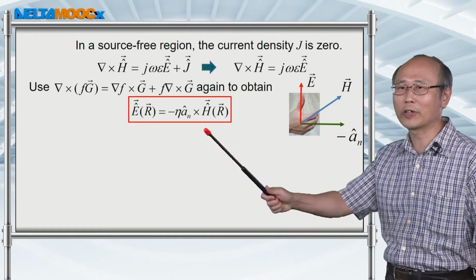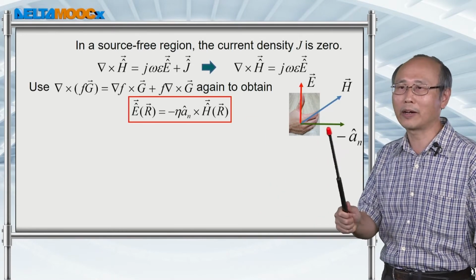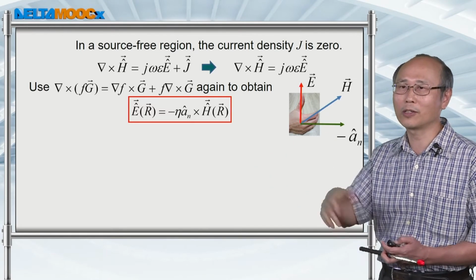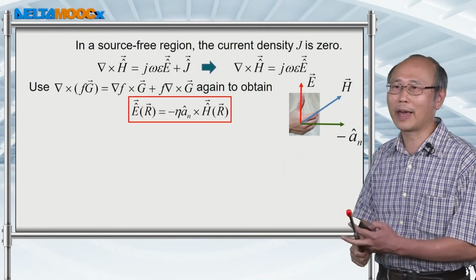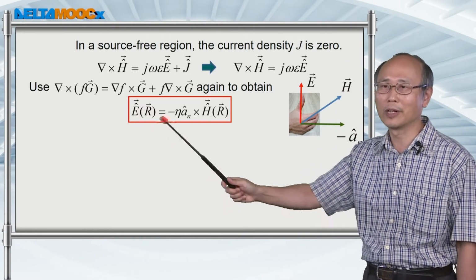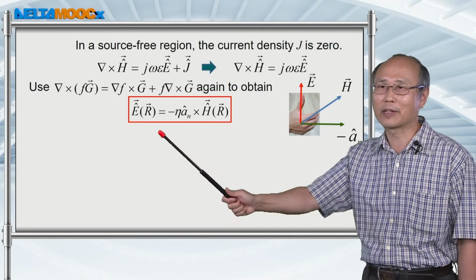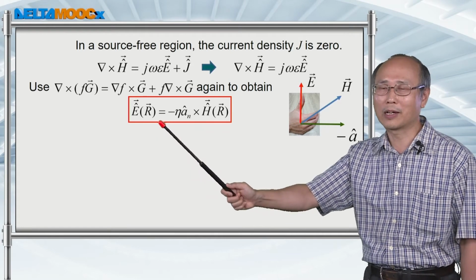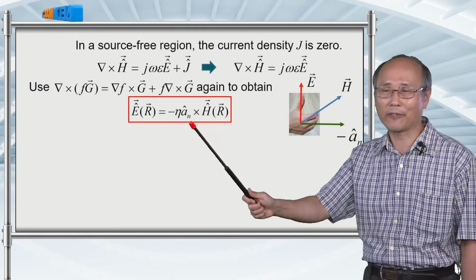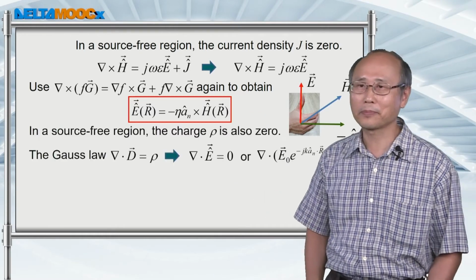For example, if we look at this vector cross product and set the minus n direction along this direction, then your four fingers rotate toward the H direction, and your thumb direction will be the direction of the electric field. Through the definition of the vector cross product, you also learn that the electric field is perpendicular to the k vector and also perpendicular to the H vector.